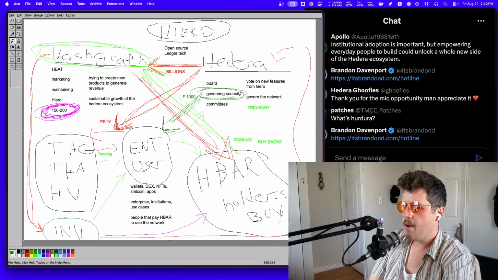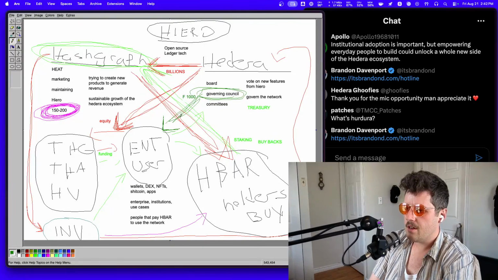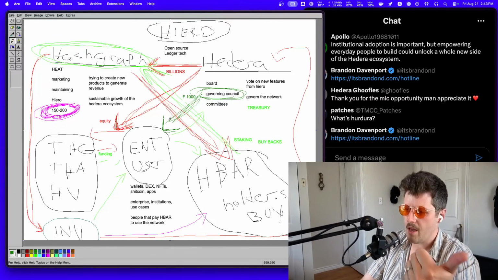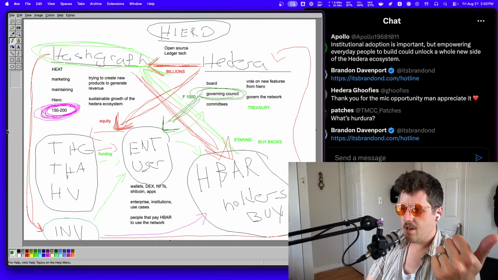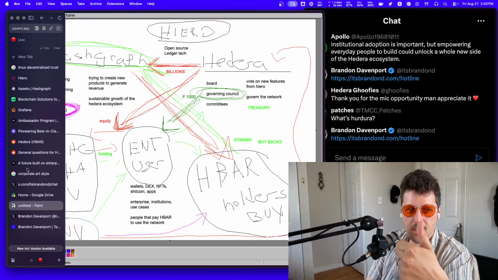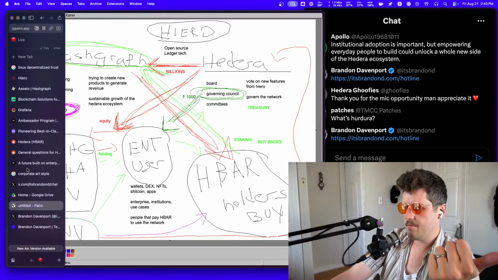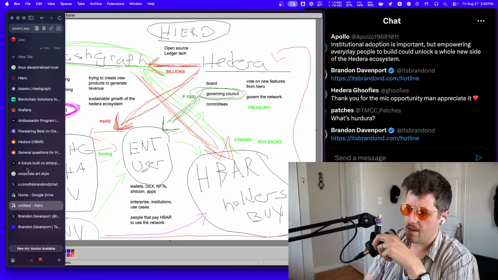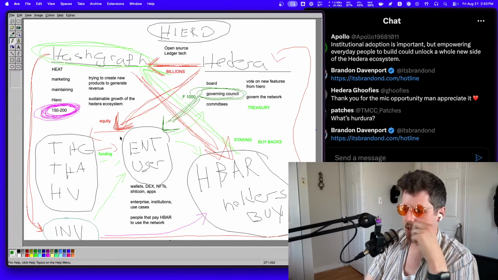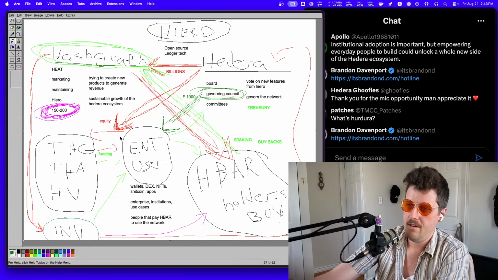So without the governing council building use cases on the network, it creates kind of like a twofold problem. On one hand, it's just in general bad vibes, right? But they haven't deployed. Yeah, I know. And basically it just creates bad vibes and it makes HBAR holders sad. Yes.